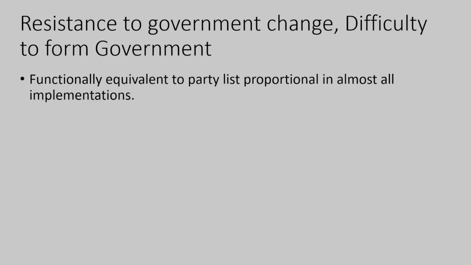because the way the first past the post seats and the party list seats work together creates a situation where it's very easy for one party to have a large plurality of the vote.